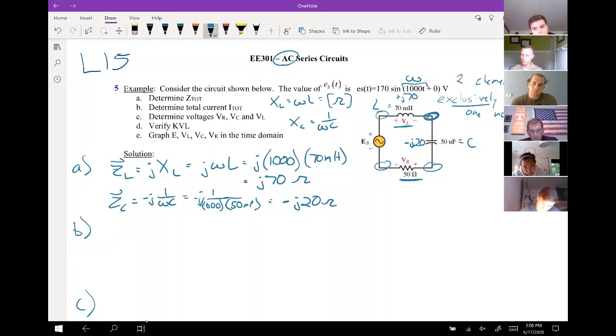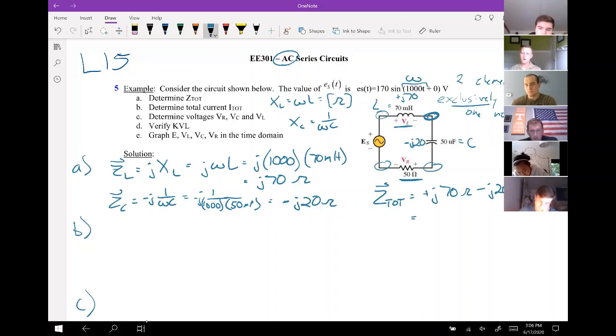So now my Z total, I'm just going to add them up. The equation sheet for series elements says Z1 plus Z2 plus Z3. So my first one was the inductor, positive j70 ohms, minus j20 ohms plus 50 ohms.